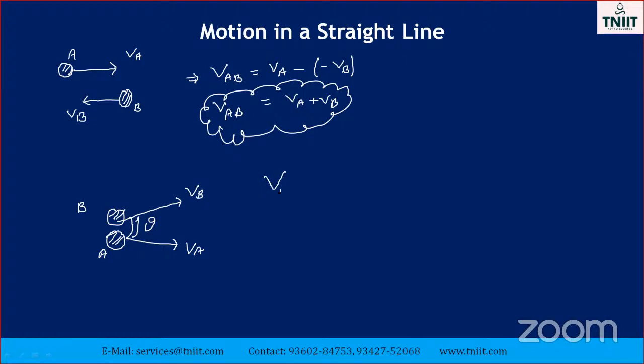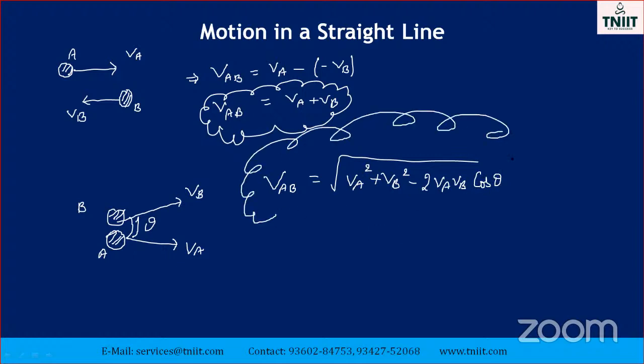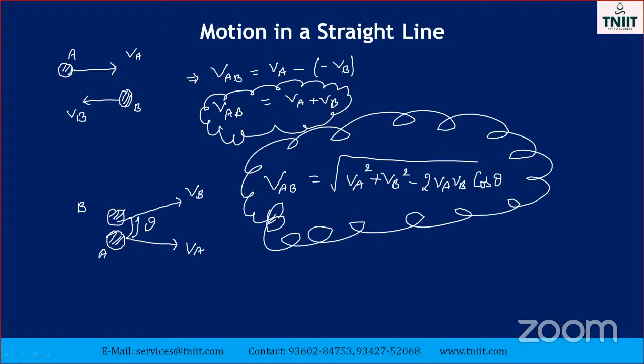Then the relative velocity of body A with respect to body B is the root of VA squared plus VB squared minus 2 VA VB cos theta. This is the general formula you have to remember to find the relative velocity of body A with respect to body B when they are making an angle theta.